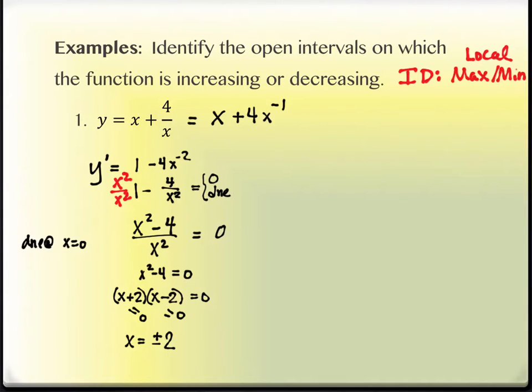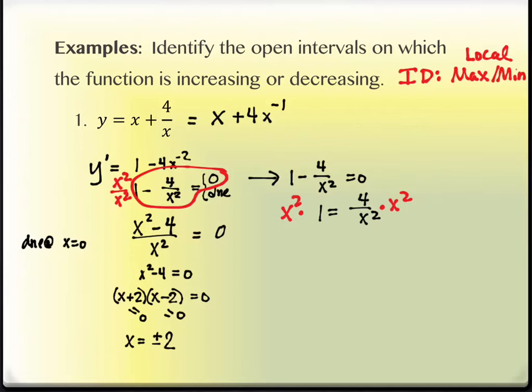Okay, let me actually show you the other thing that Josh was pointing out from when we did this. Another option on this one, again, not always on every one, but it works nicely on this one, is if you have this piece equal to 0, you could move the negative 4 over x squared to the other side, and you could multiply by the denominator to eliminate the fraction.